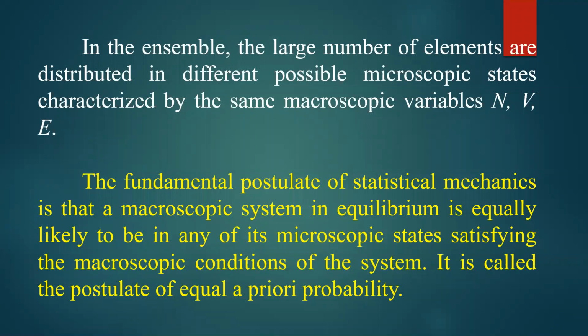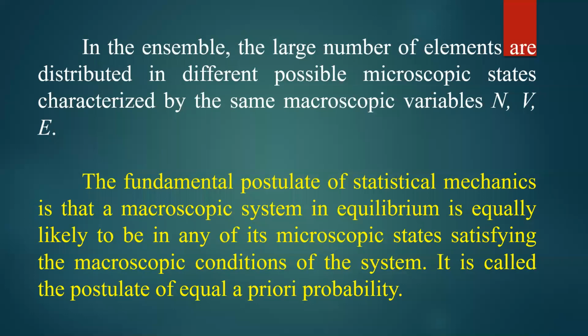So here you have to define equal a priori probability. The fundamental postulate of statistical mechanics is that a macroscopic system in equilibrium is equally likely to be in any of its microscopic states satisfying the macroscopic conditions of the system.